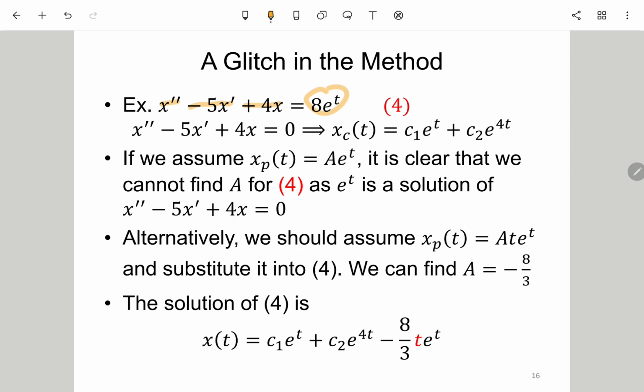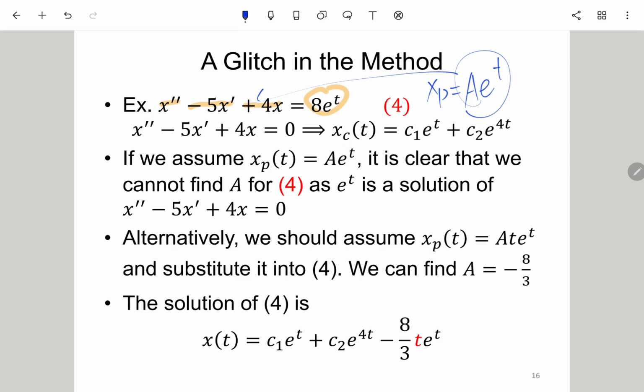If you just ignore the homogeneous equation, you may assume xp to be a times exponential to t, and then you plug this back in and find it won't work. The left side will always be 0, and the right side will be 8 exponential to t, so you won't be able to find a.